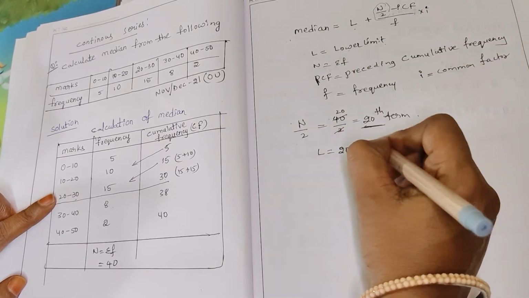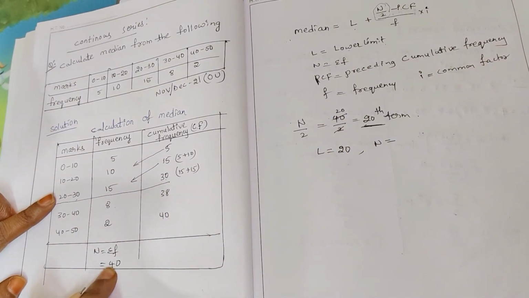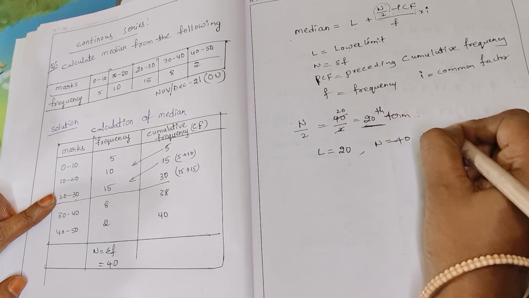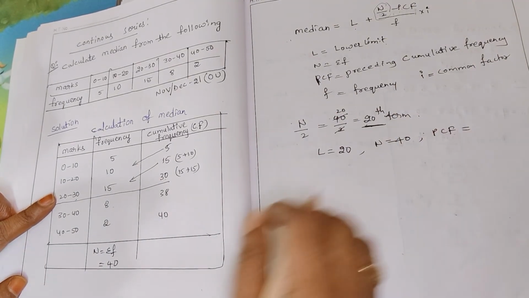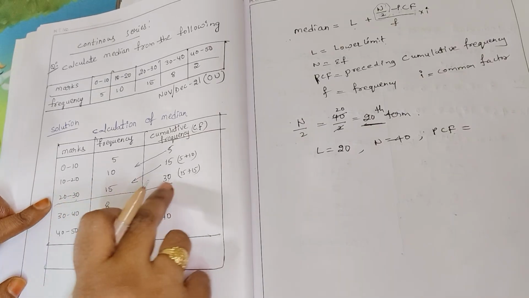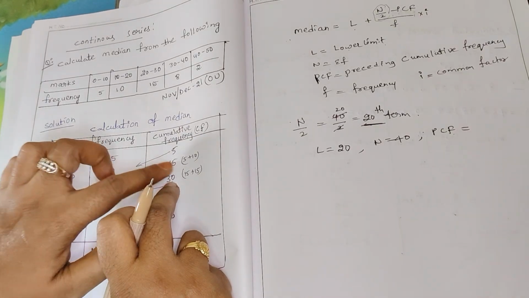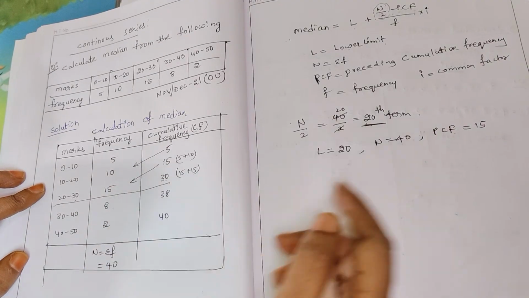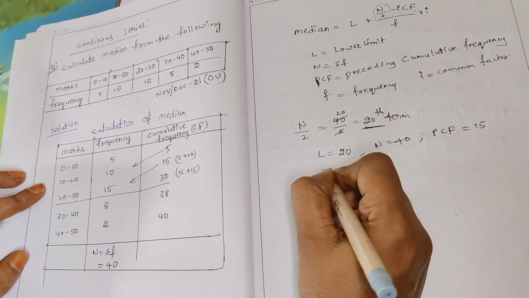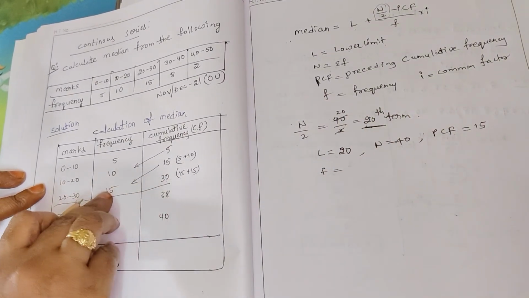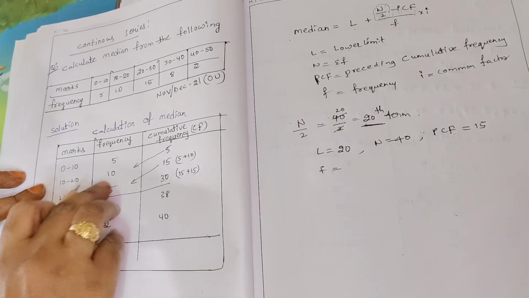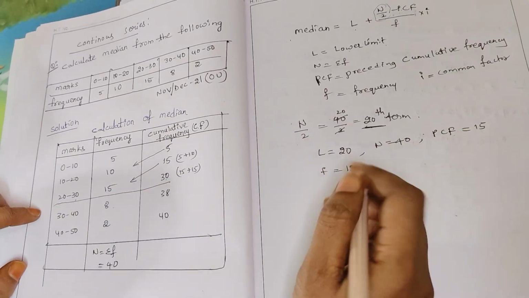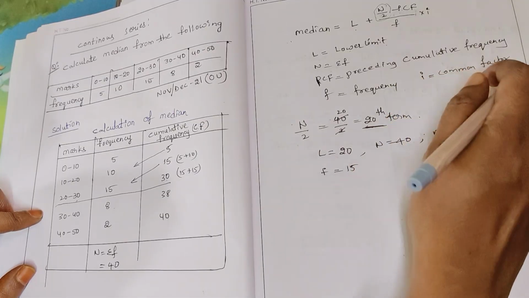Then n is equal to 40. Next, PCF, the preceding cumulative frequency. For this median line, what is the preceding cumulative frequency value? 15, the value before it. Next, the frequency, the corresponding value. What is the value straight across from this 30? 15, under the frequencies.